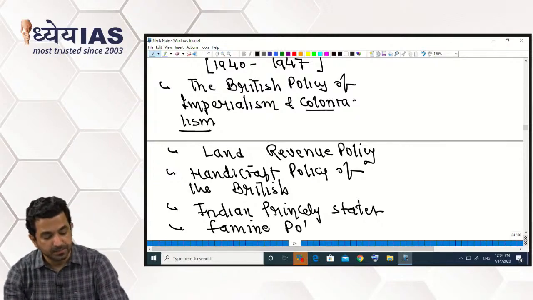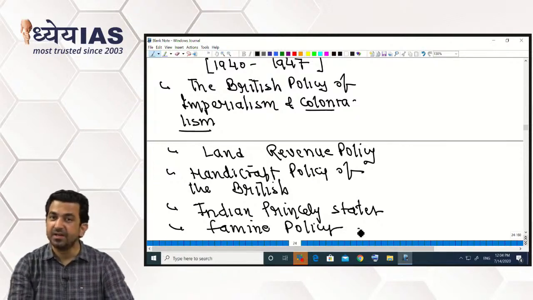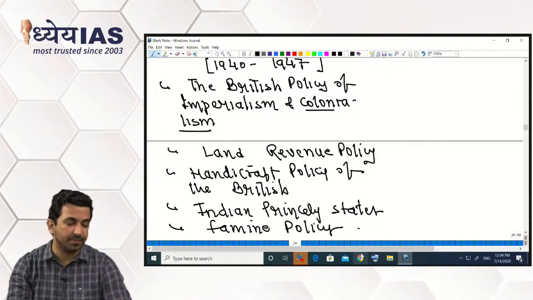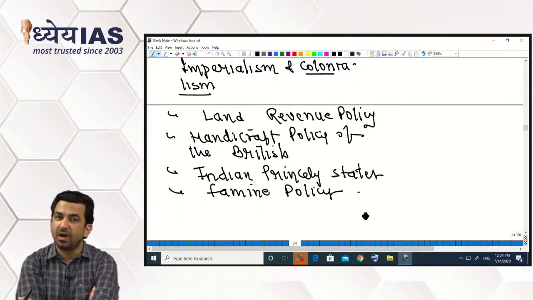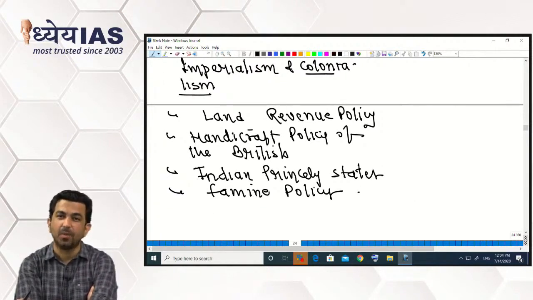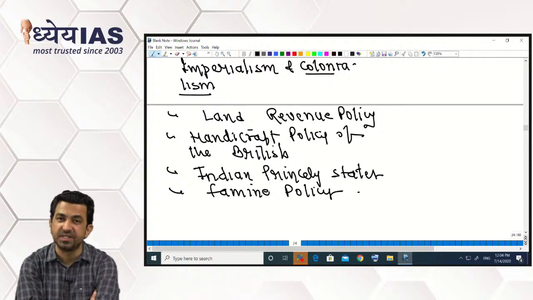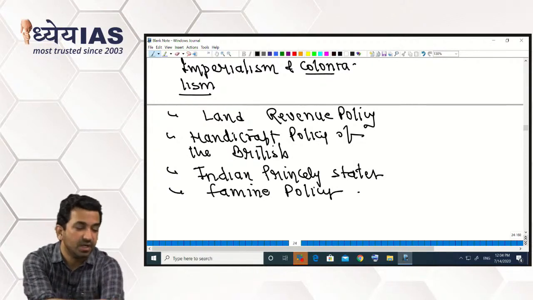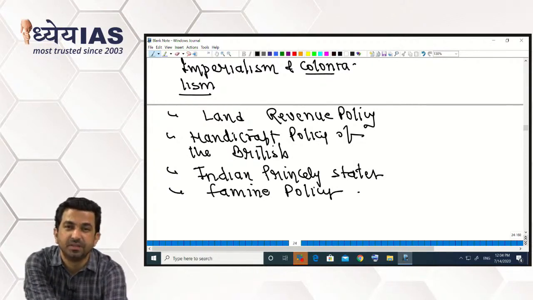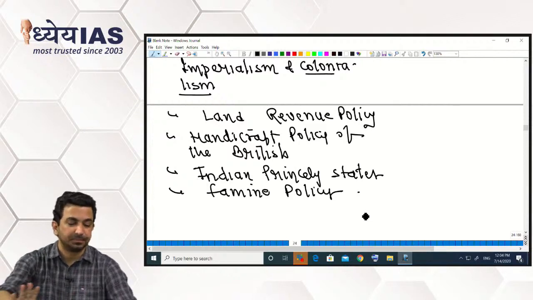So under this subunit 1 of unit 2, we have to mainly discuss the British policies and mechanisms to exploit India, to exploit Indians to the maximum, the upper limit.